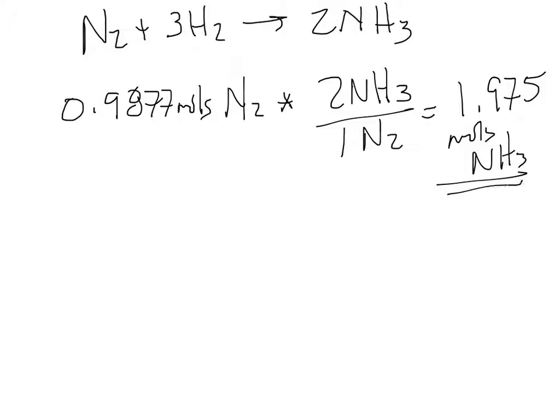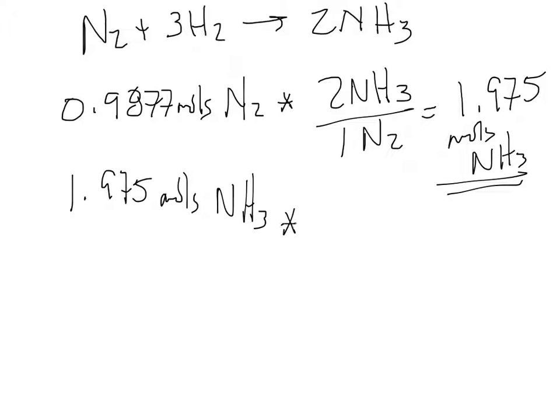So I now know that that's how many moles. So if I was to take my 1.975 moles of ammonia, and then the second part of the question said how many grams was this?